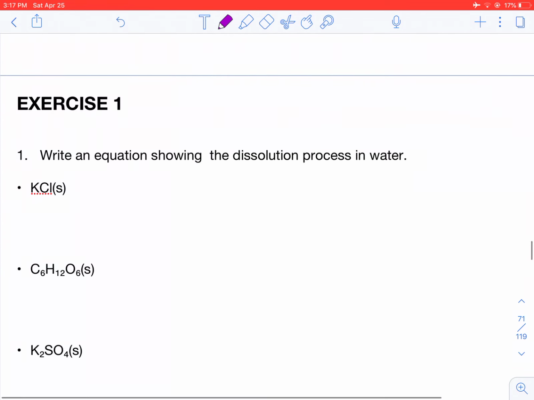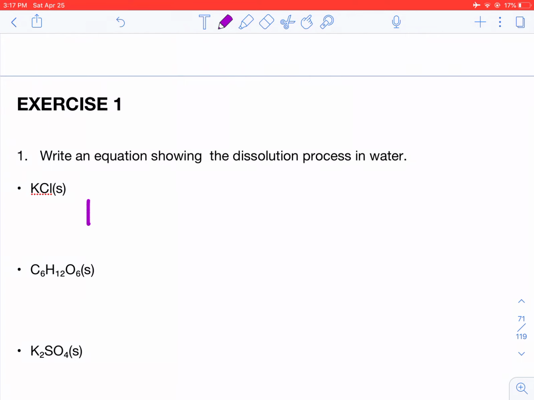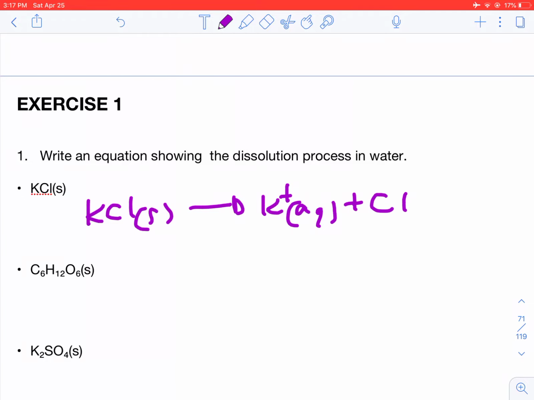Right, now write an equation showing the dissolution process in water of this substance. So here we're going to say KCl solid, and that gives us K plus aqueous plus Cl minus aqueous.